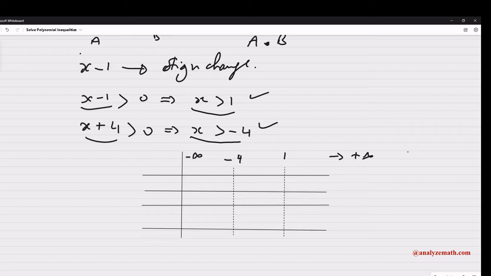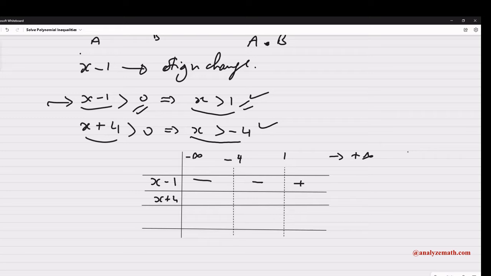Next, we will put the factors x − 1 and x + 4 here. Now we know that x − 1, this one here, is positive when x is bigger than 1. So when x is bigger than 1, this is positive. If x is less than 1, of course, it will be negative.